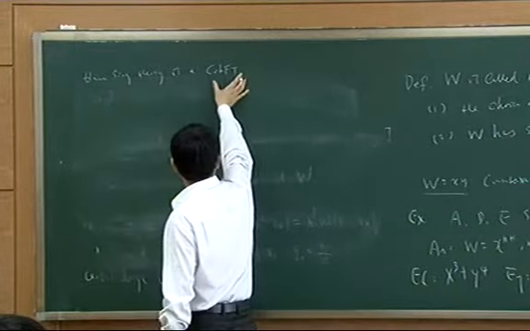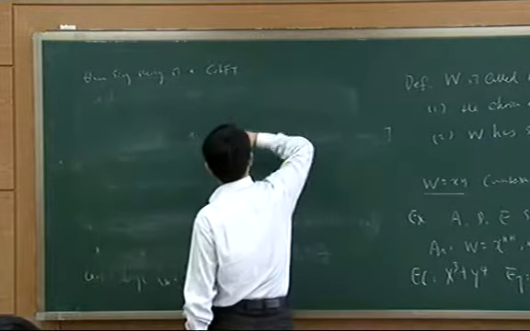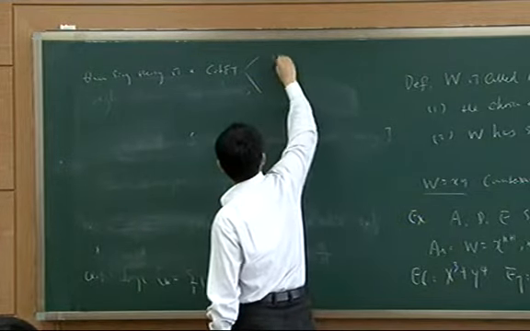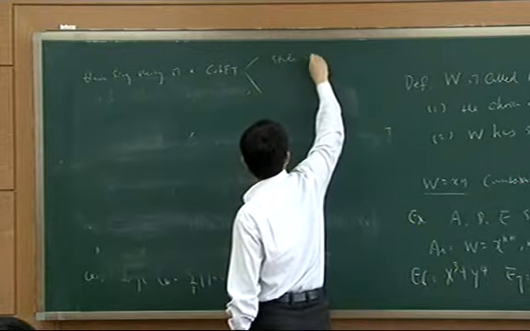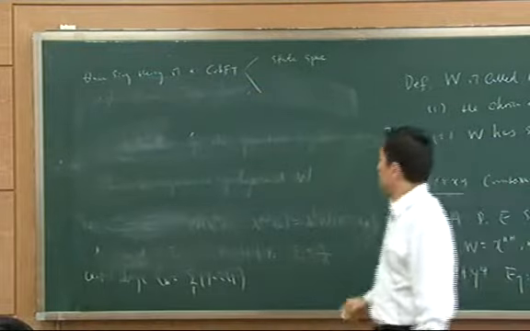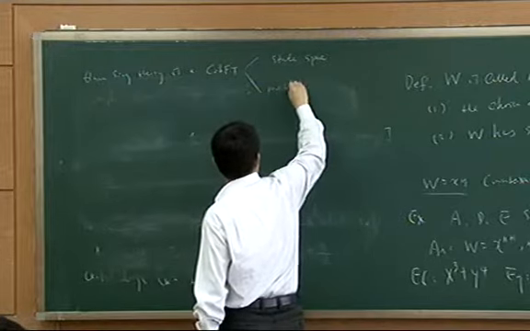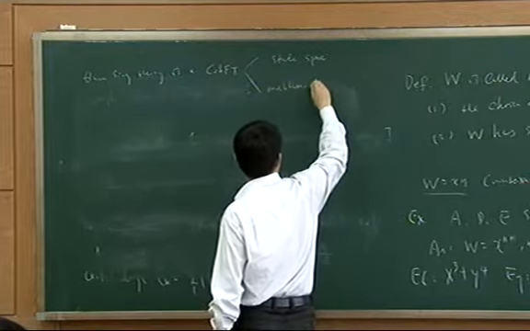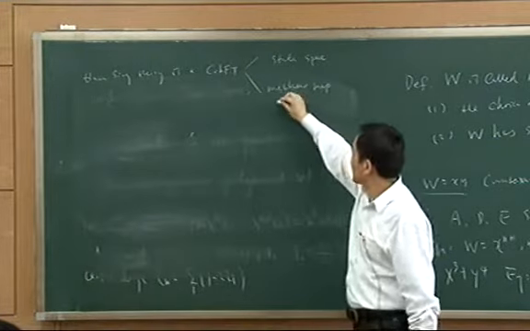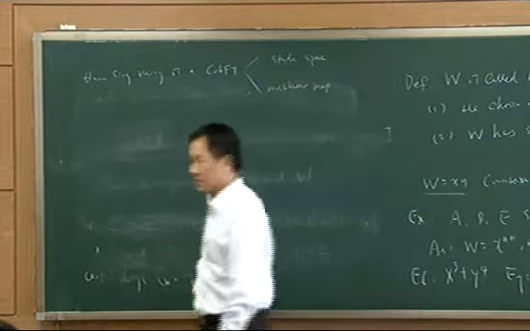This definition includes some parts. One part is that you should describe the state space, and the other is that you should describe a multilinear map. I will describe this later, but let's start from the description of the state space.